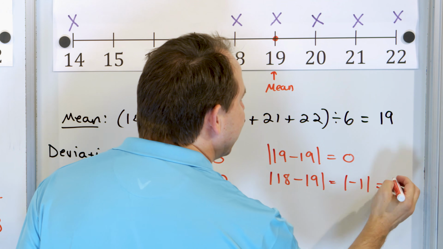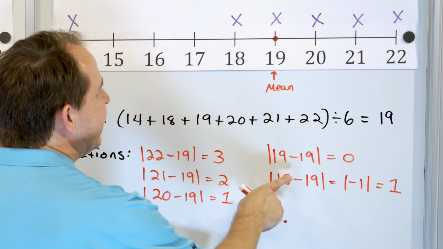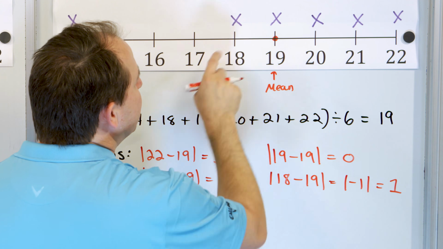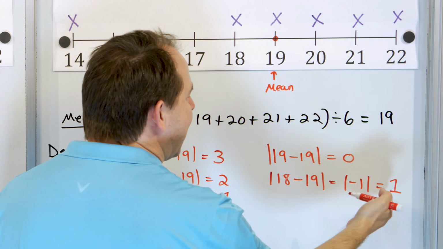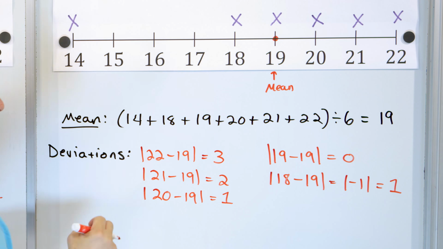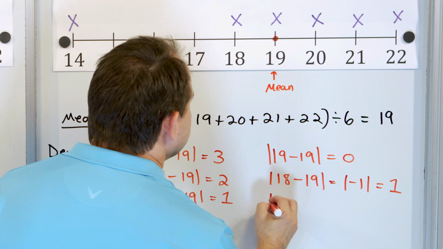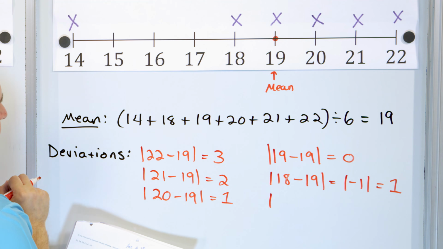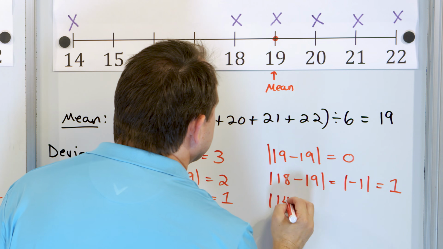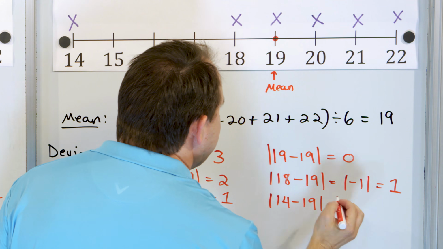And when you take the absolute value of that, you get 1. All it's saying is that this point 18 is 1 unit below 19. But when I take the absolute value, all I want to know is how far absolutely it is. It's 1 unit away. And then finally, I have this one over here at 14. So I take 14 minus 19, and same sort of thing.